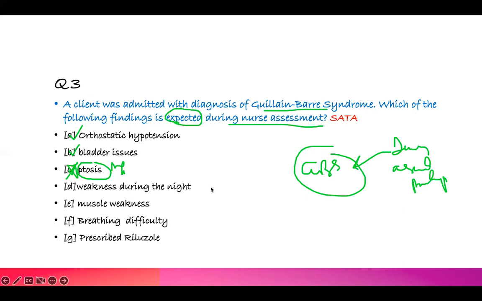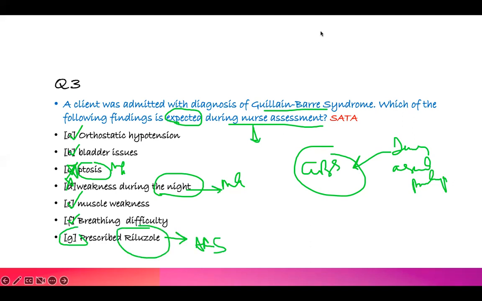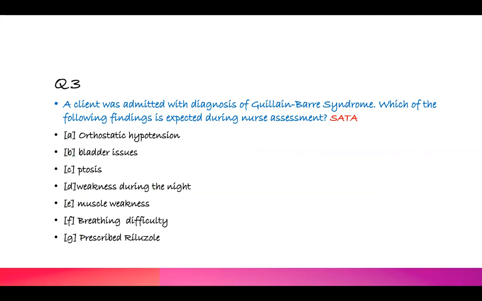I mean, it doesn't matter what time of day. This is specific for Myasthenia Gravis. They get tired. Muscle weakness. Yes. Reading problem. Yes. Prescription for Riluzole. What do you think this medication is used for? ALS. Just put all these together, these four.